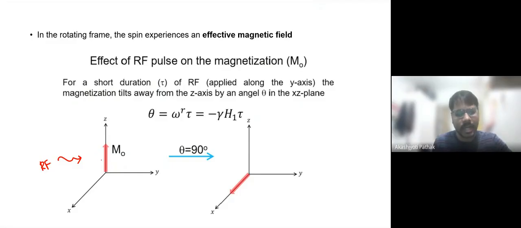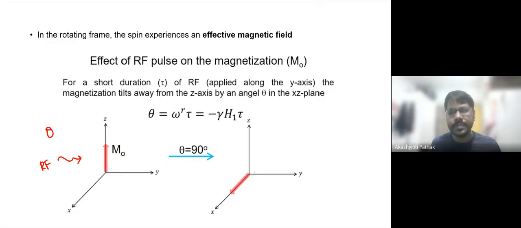When you apply this RF pulse, this z magnetization will move towards the x axis. For example, when we apply a 90-degree pulse, this transverse magnetization has come to the x axis.